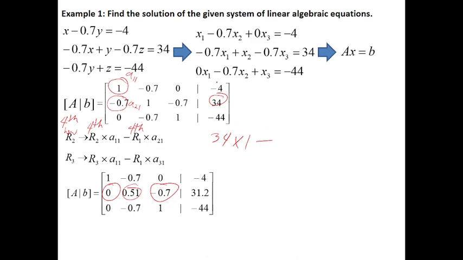R1, fourth element, negative 4. Multiplied by A21, negative 0.7. You'll get this. 31.2. Verify kung ano. Tama ba? Yes, sir. Tama po, sir. Okay. 31.2. That's it. O, try natin yung row 3 kung tama pa rin.